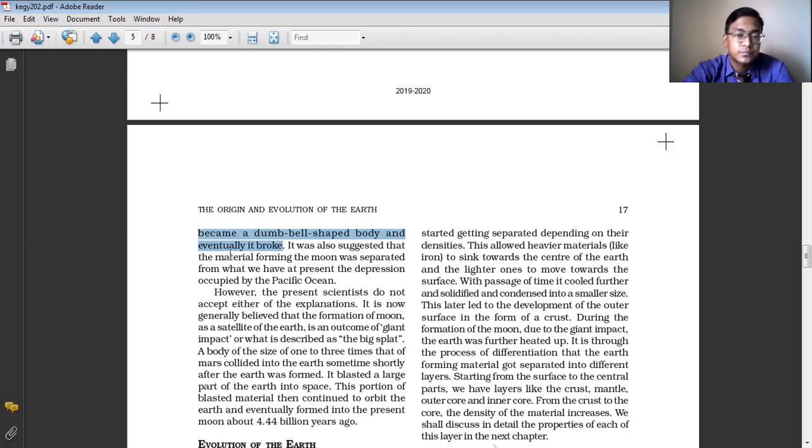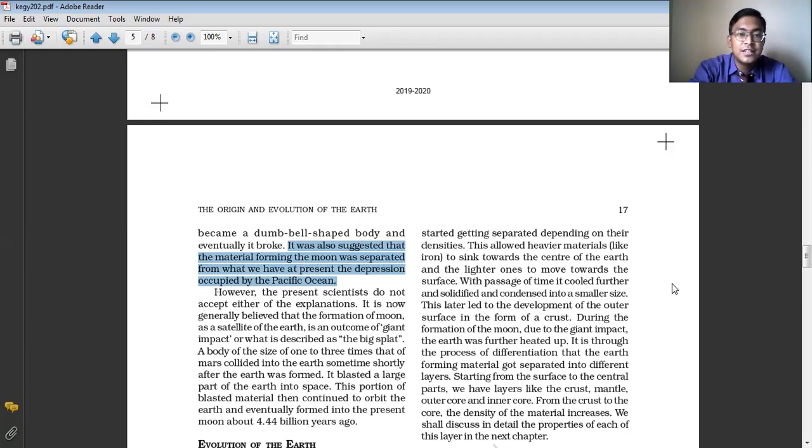It was suggested that the material forming the moon was separated from what we have at present, the depression occupied by the Pacific Ocean. The material which got detached from the Earth and led to the formation of the moon is a detached part of the Earth.